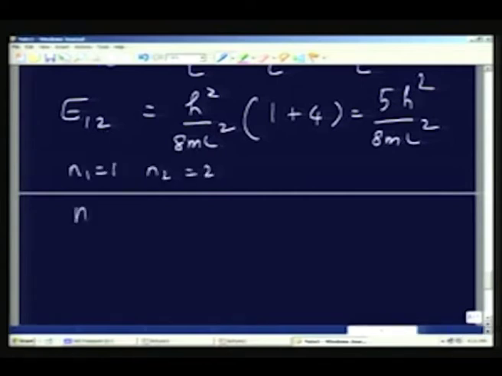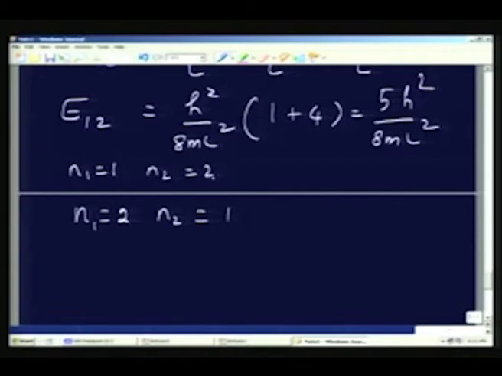Now let me look at the case n1 equal to 2 and n2 equal to 1. These are possible quantum numbers for the system. The wave function for this state, n1 equal to 2, n2 equal to 1, is different from the wave function for the state n1 equal to 1, n2 equal to 2.